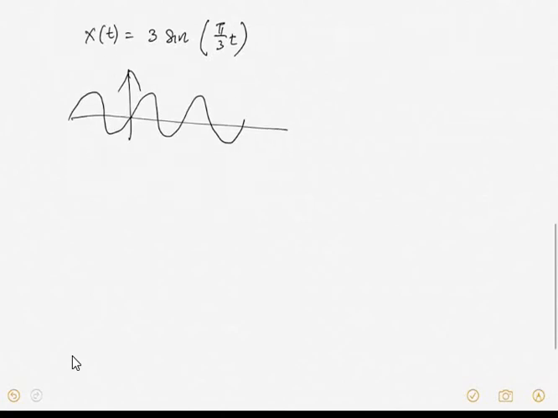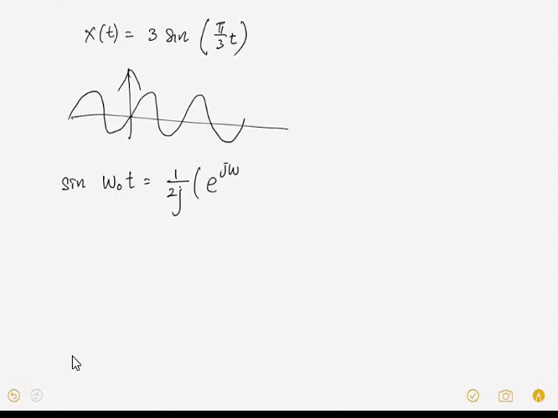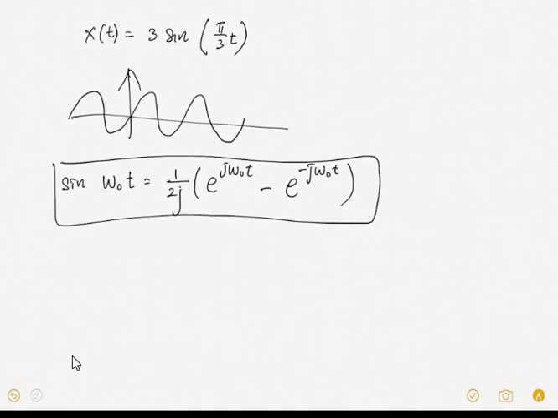As you know, for the Euler formula, sine omega naught t is 1 over 2j times exponent j omega naught t minus exponent minus j omega naught t. Again, this is the formula.